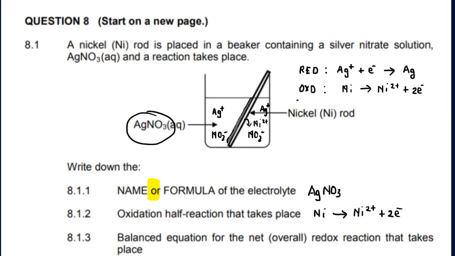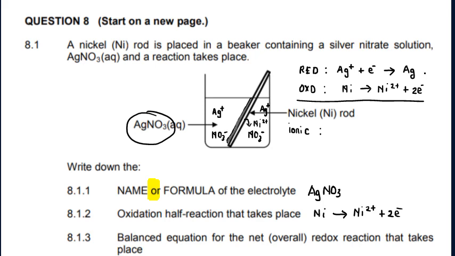2 electrons. So what they want us to do here is to write the net. The net has all of the other spectator ions, which is the NO3, or the nitrate ion in this case. When I add these two, I'm going to have the ionic reaction.